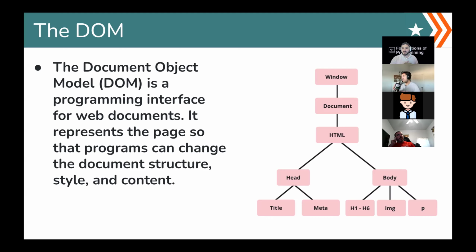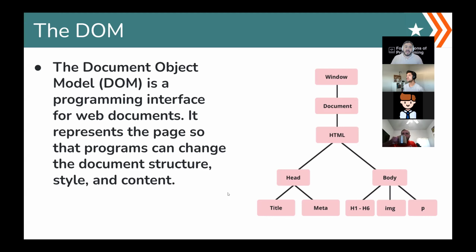Does this make sense so far? Right? It's not something that you can visually see. This is really more of a concept that your computer is doing, really your browser is doing. And this is how it's updating your web page. So what we are going to be doing today is using JavaScript to talk to the DOM, to give commands to the DOM, so the DOM can update our web page, right?